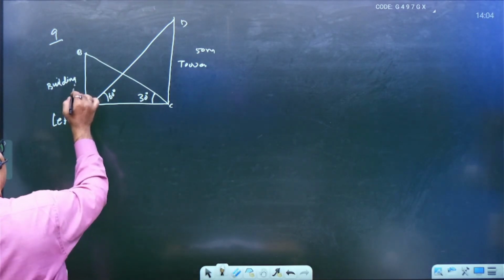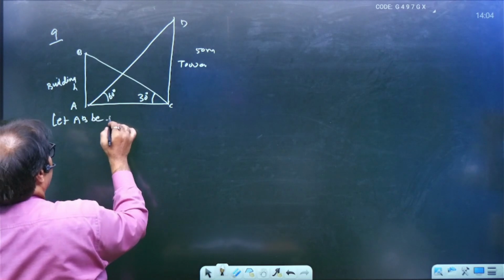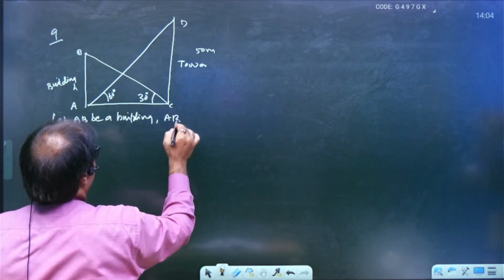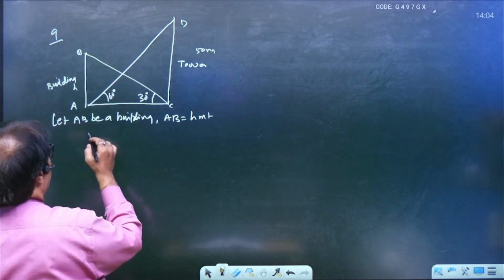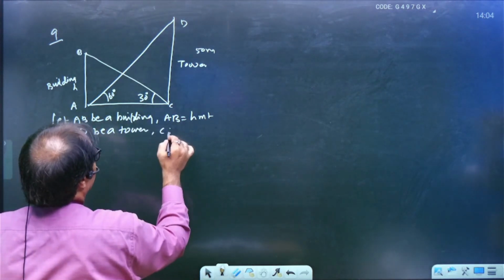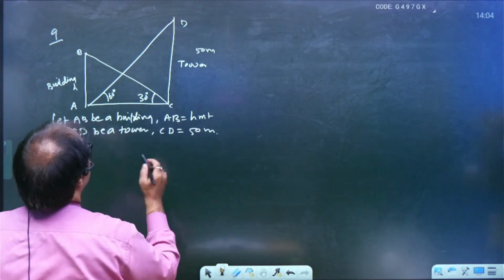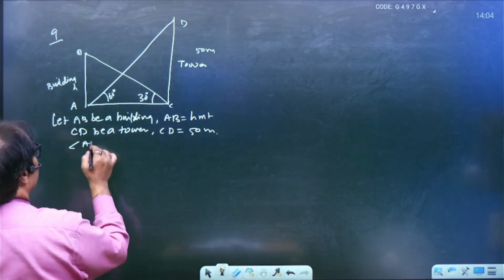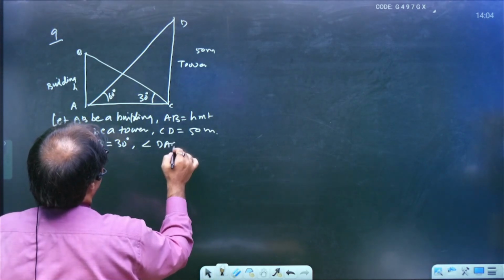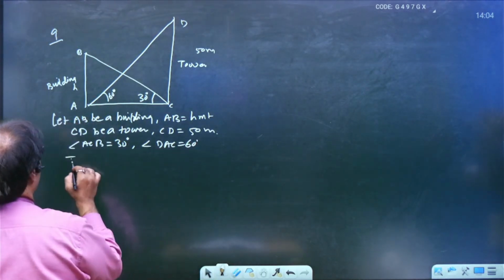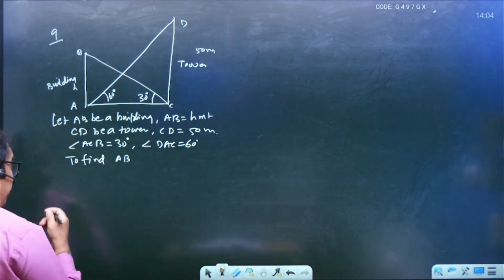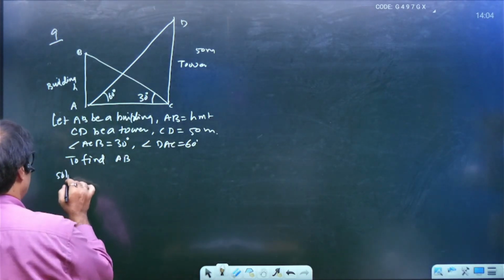Let AB be a building such that AB is equal to h meters, and CD be a tower such that CD is equal to 50 meters, and angle ACB is equal to 30 degrees, and angle DAC is 60 degrees. Now what we have to find is the height of the building, that is AB. So now come to the solution.